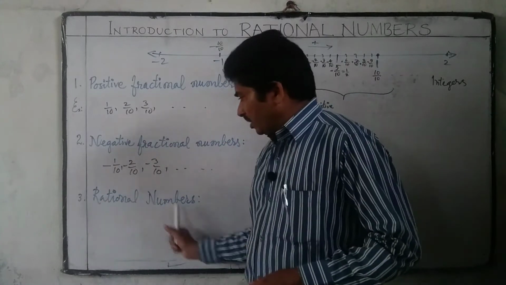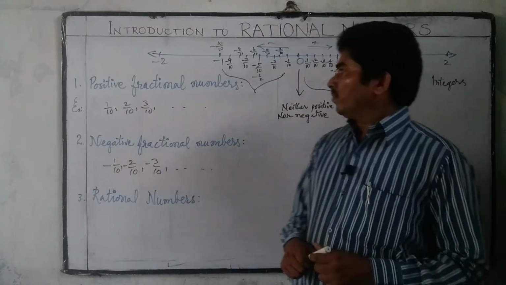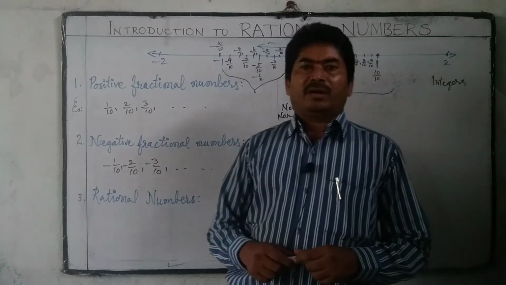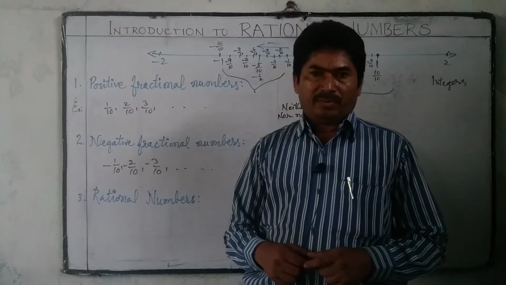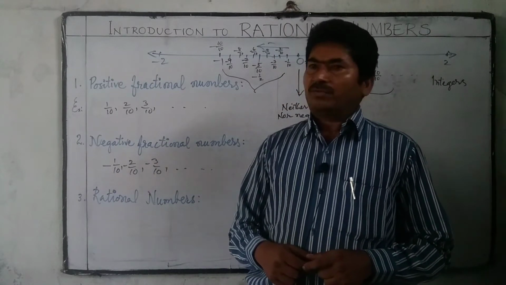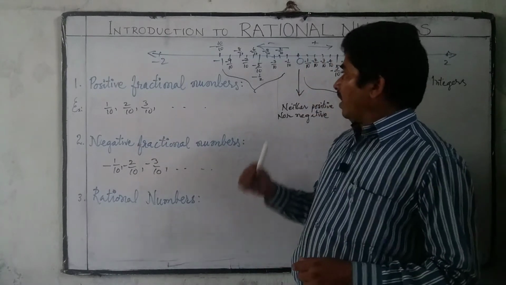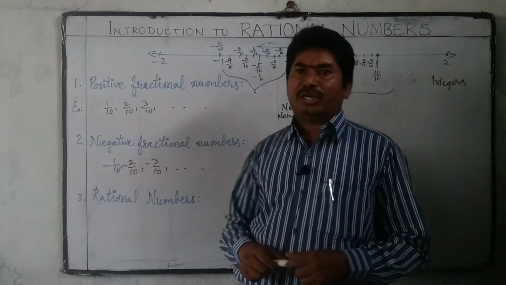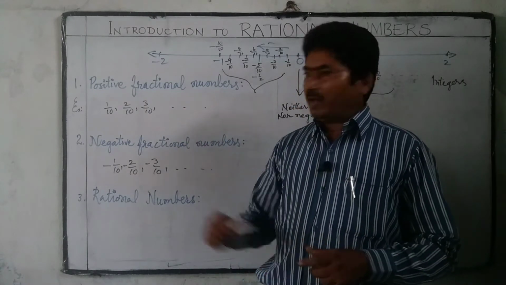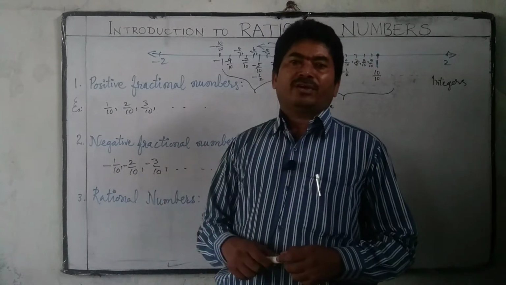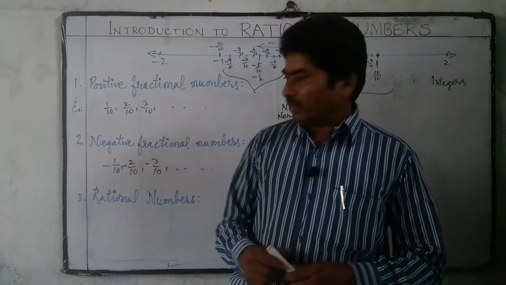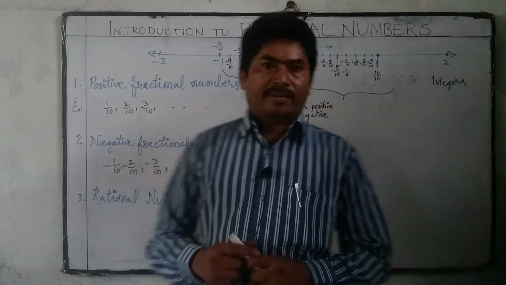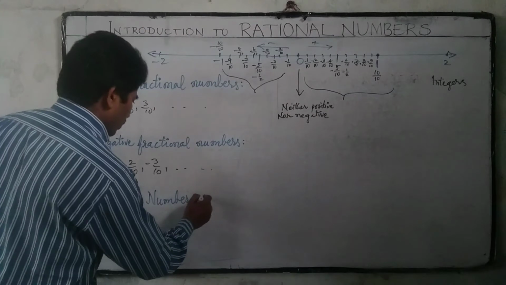Once again, the rational numbers are a bigger collection of numbers which includes all integers, all positive fractional numbers and all negative fractional numbers. The rational numbers are denoted by the letter Q.